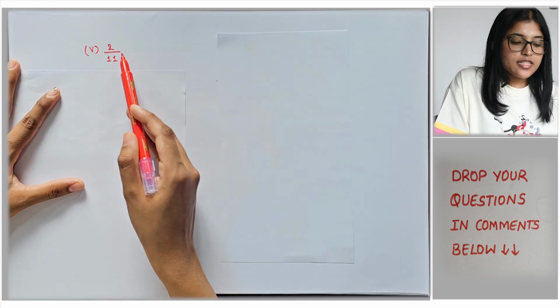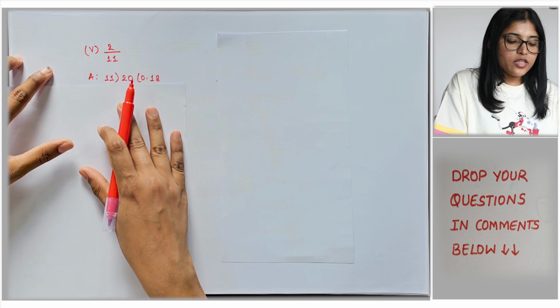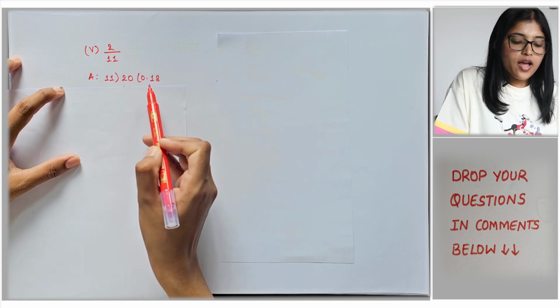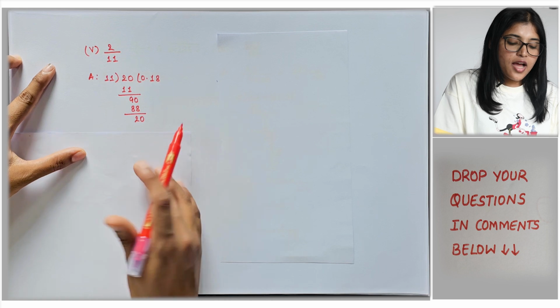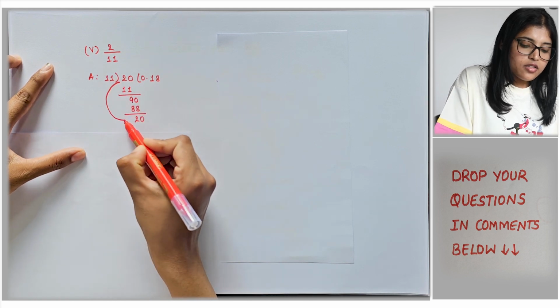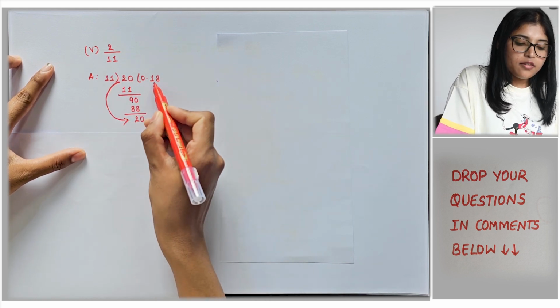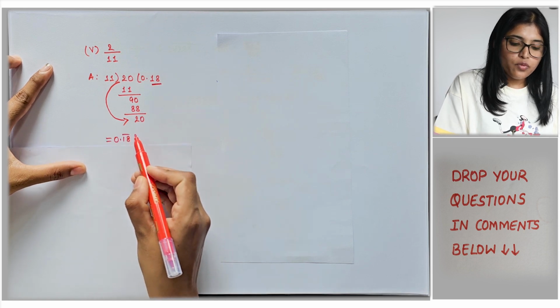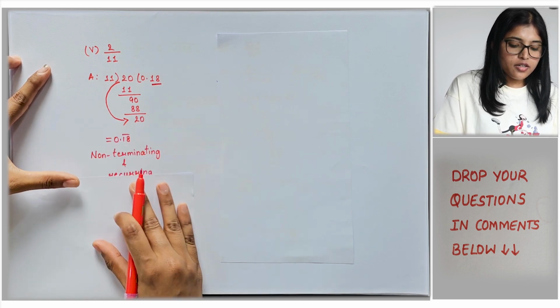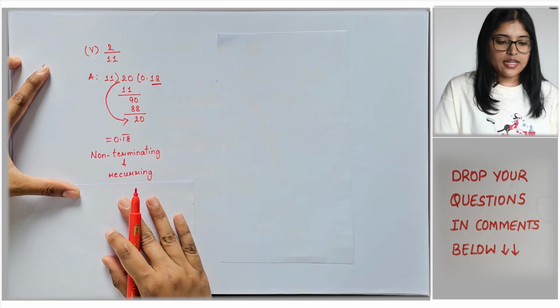The next one is 2 by 11. Starting with the division of 2 by 11, I have to take a decimal, and when I start doing this long division, I can see that again this 20 has come back. That means this 18 is going to recur, and my answer is 0.18 with a bar, which is a non-terminating and recurring decimal.